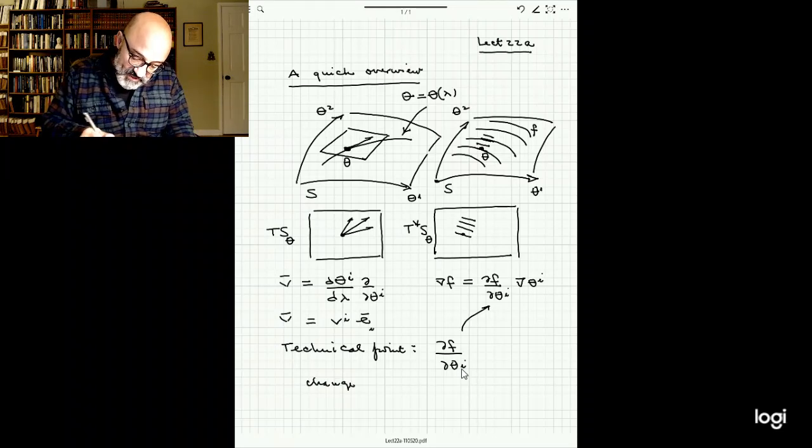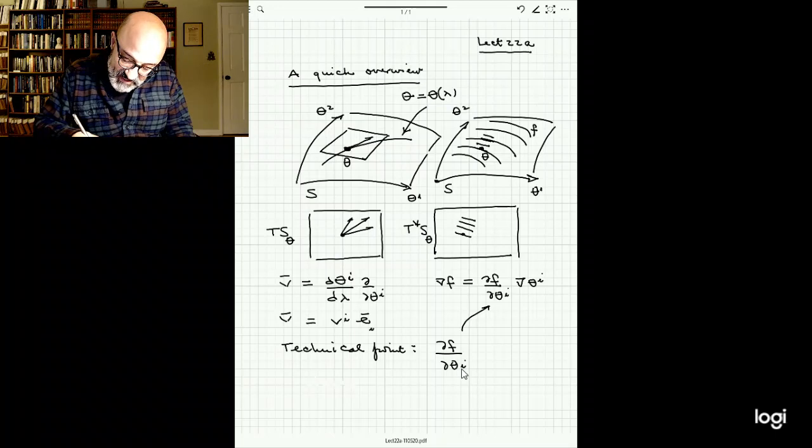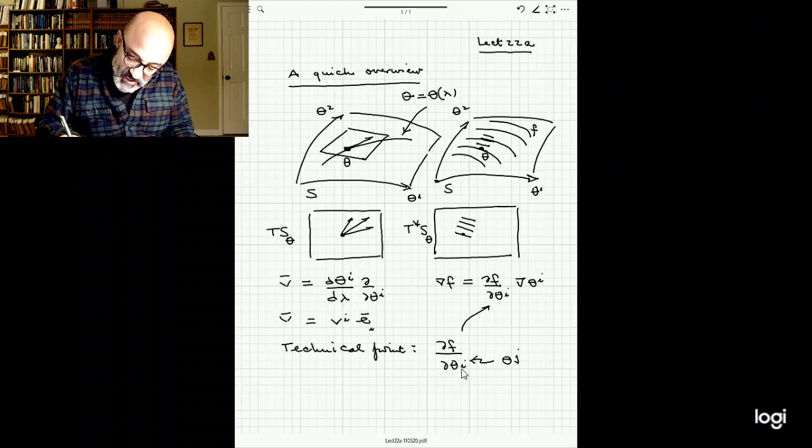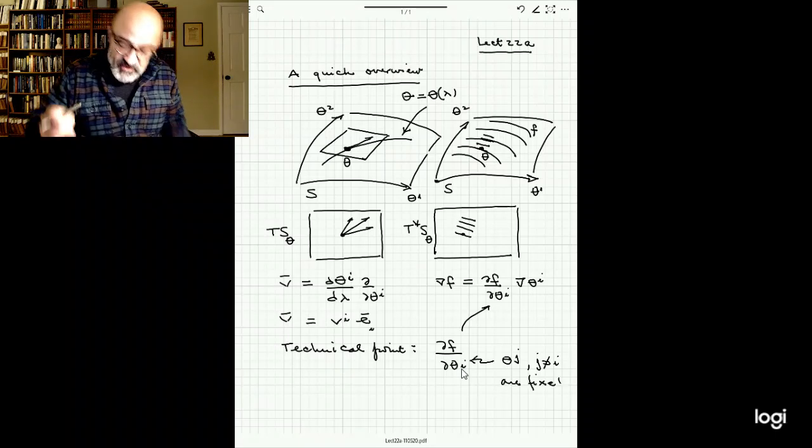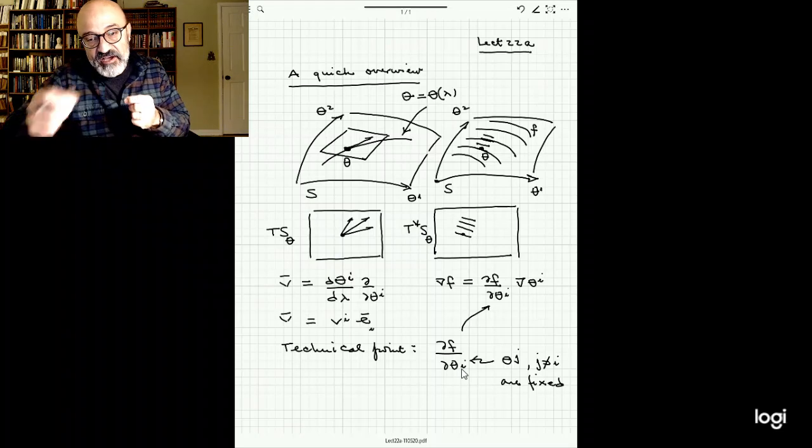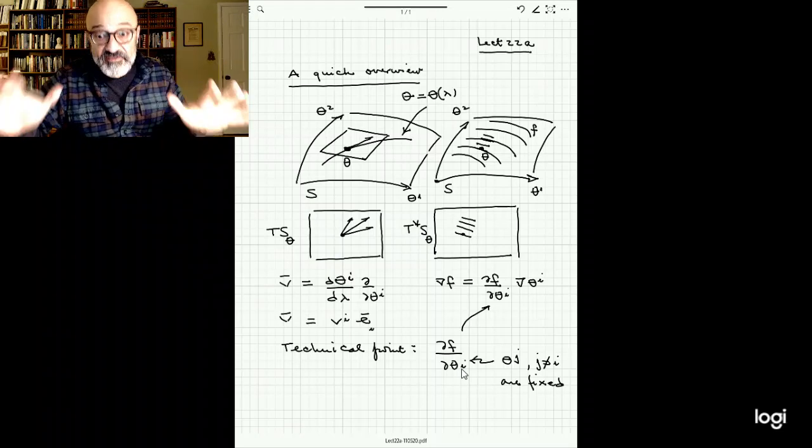So the idea is that this implies that the theta j with j different from i are fixed. In other words, you change theta i, keep everybody else fixed.